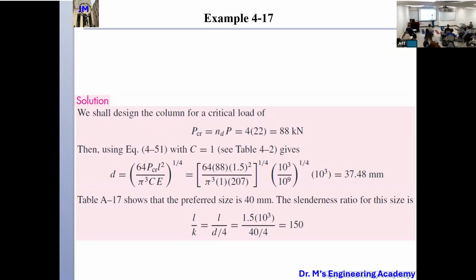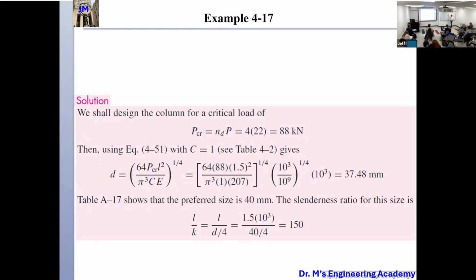For length, I use meter. But 207 is given in gigapascal, so I need to change it to Pascal.